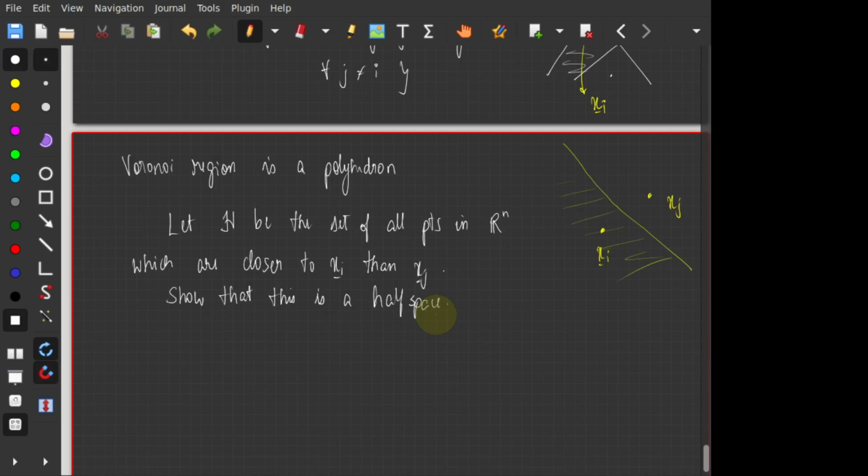Okay, by definition, what is h? If a point x lies in h, then what should happen? Okay, so that's right, just use the definition. Suppose that x lies in h.